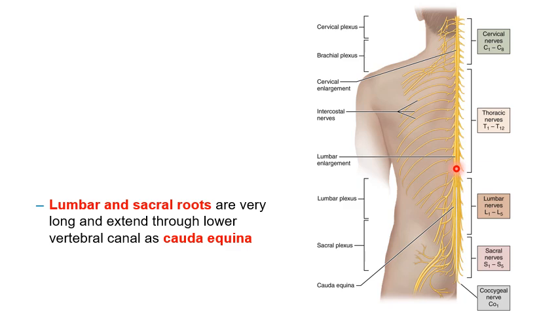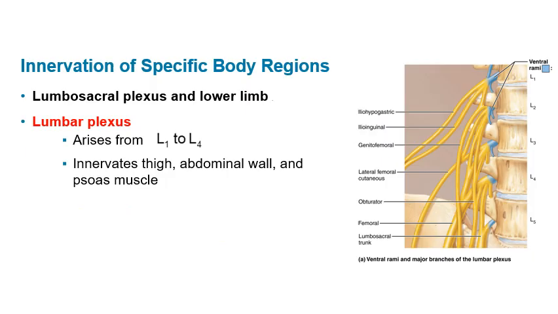But when you do not have a spinal cord and you only have the nerves, you call that a cauda equina. That means the hair of the tail of the horse. Yeah, only hair, okay? Not spinal cord. The spinal cord is going to end around here, okay? So that was the one important part that we should know here.